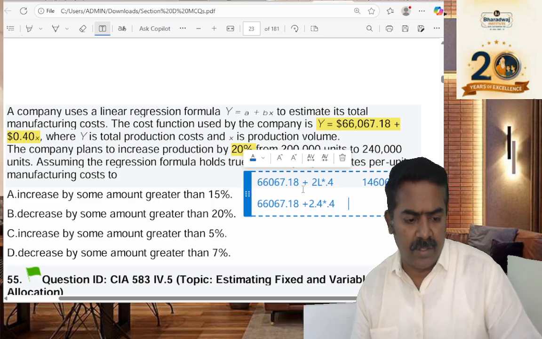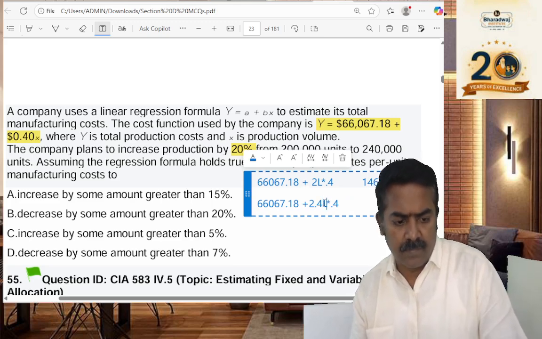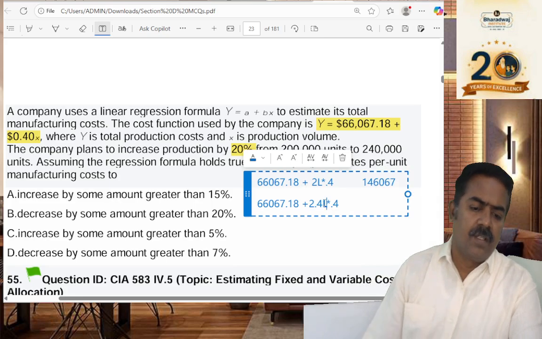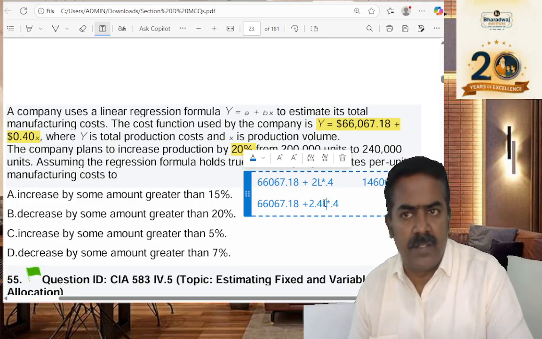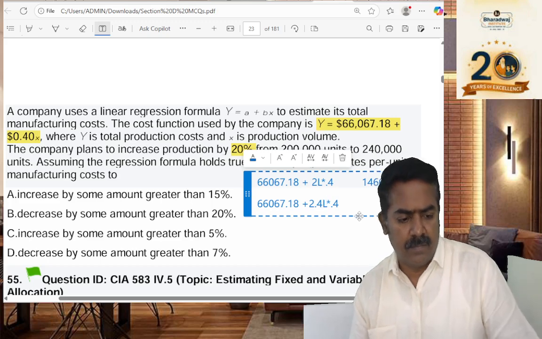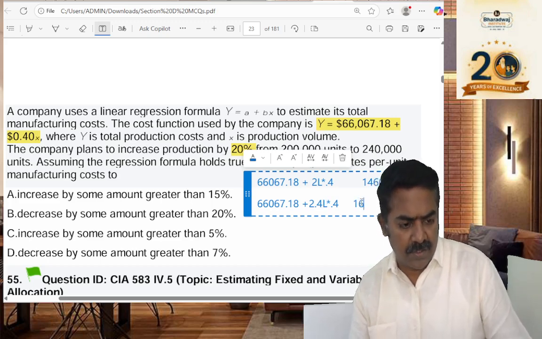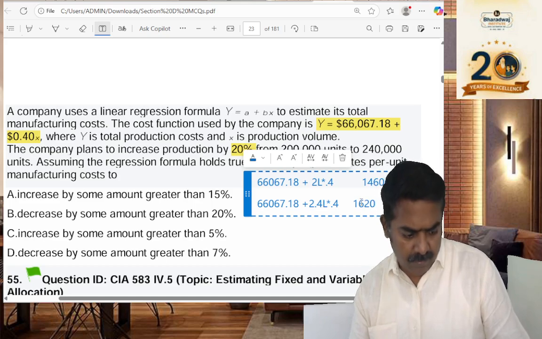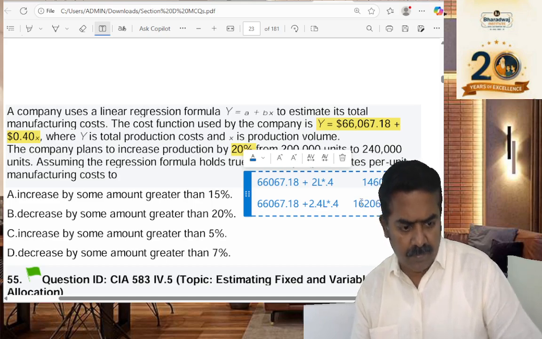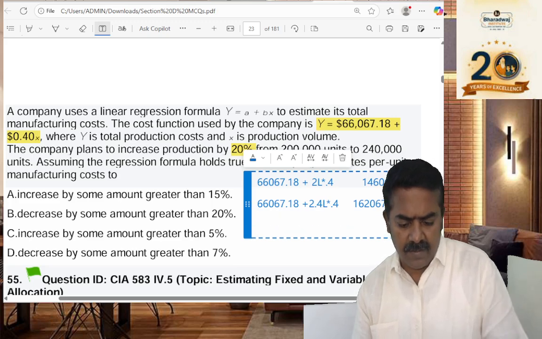Add 66,067.18. Compare, what is the increase?